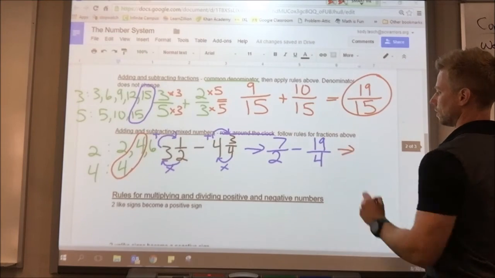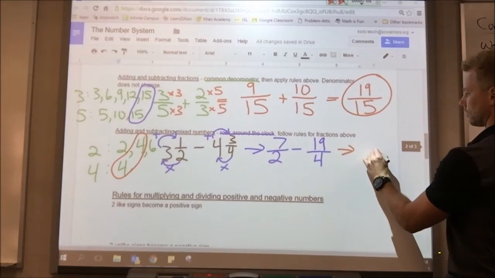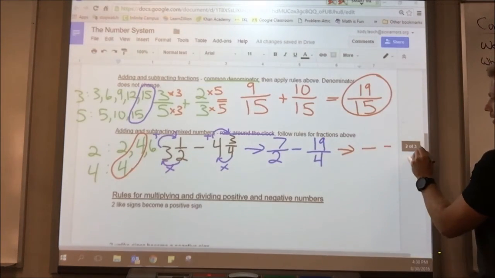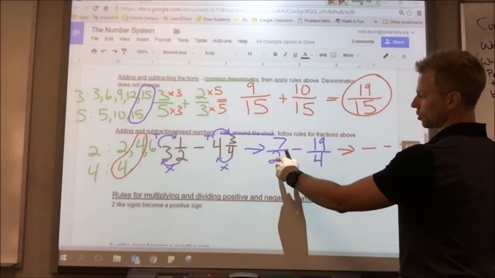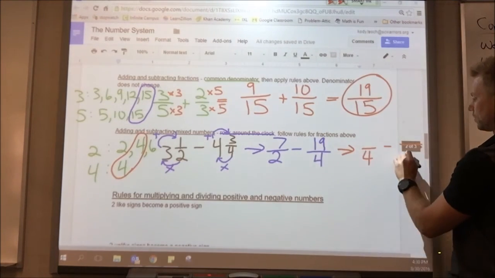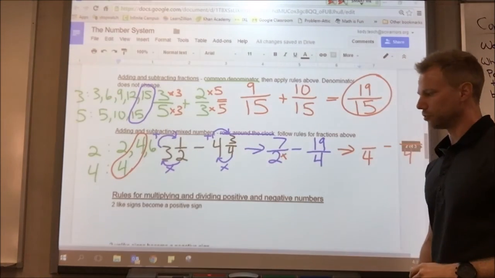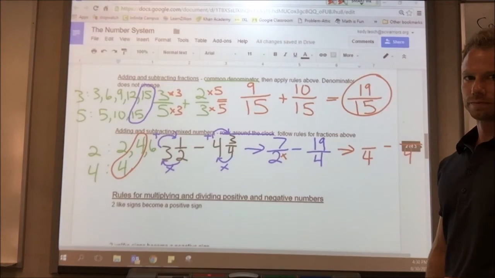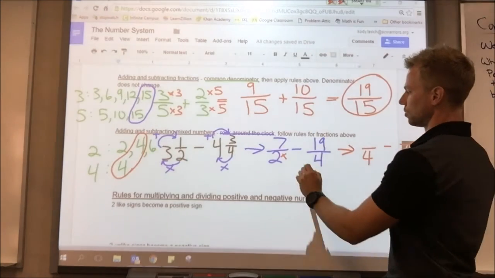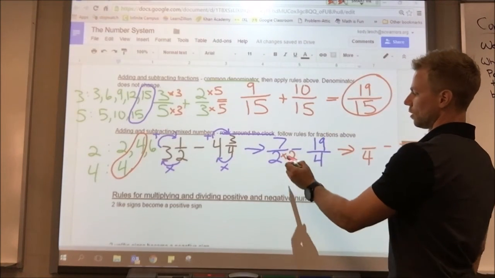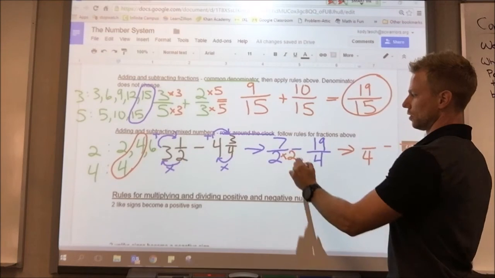All right. So on the first fraction, we need to figure out what do we do to 2 to get our common denominator of 4. What would we multiply 2 by to get 4? Well, 2 times 2 is 4. What we do to the bottom, we also have to do to the top.